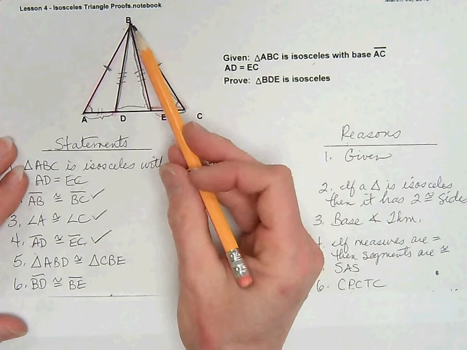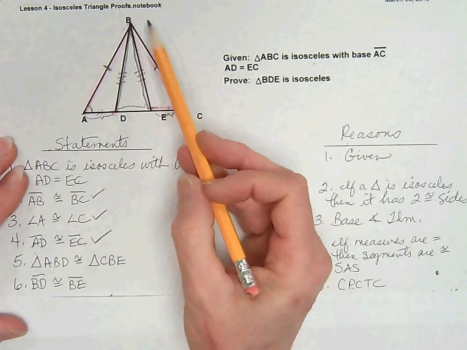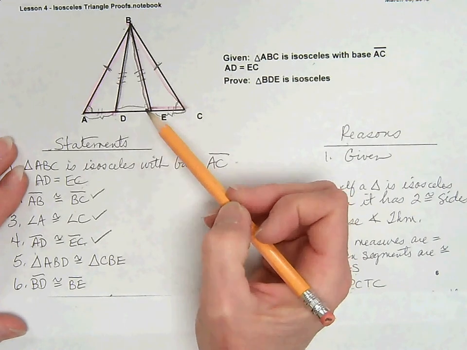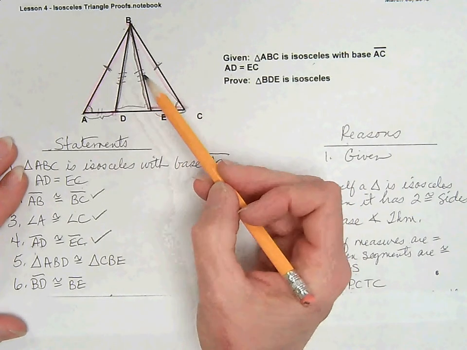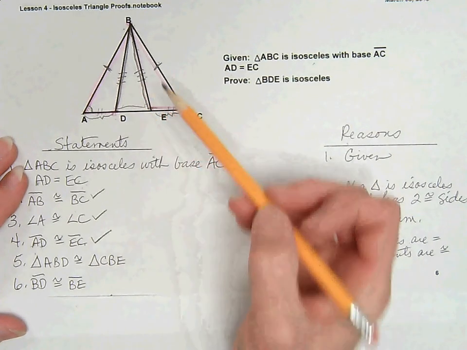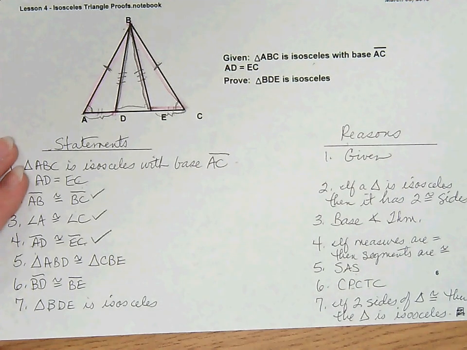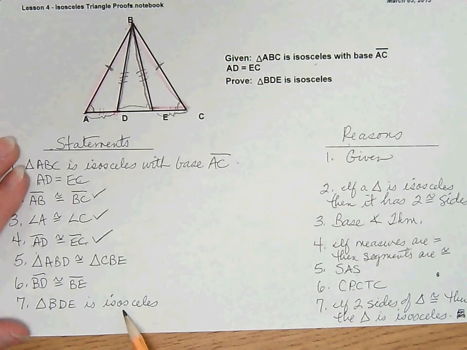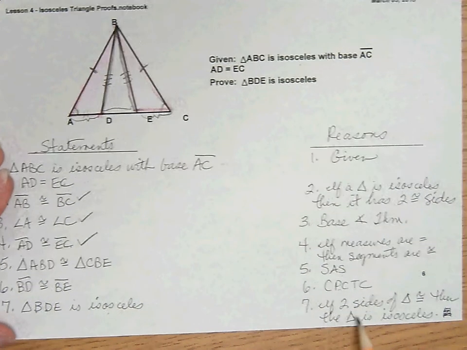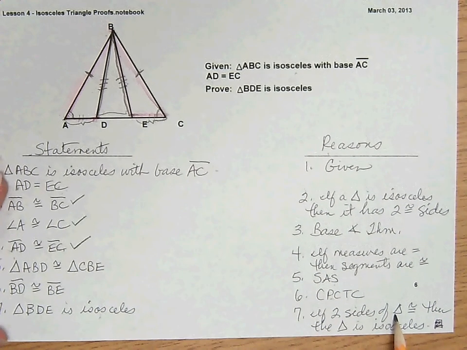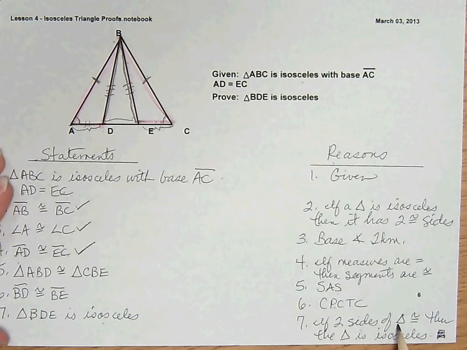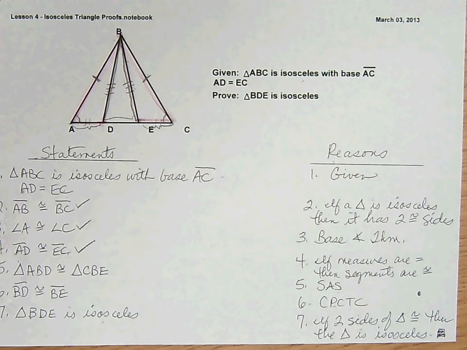Now we've got, see that middle triangle again, BDE? Now we've got two congruent sides of that triangle. So we can now state that triangle BDE is isosceles because if two sides of a triangle are congruent, then the triangle is an isosceles triangle. And that's the end of our proofs.